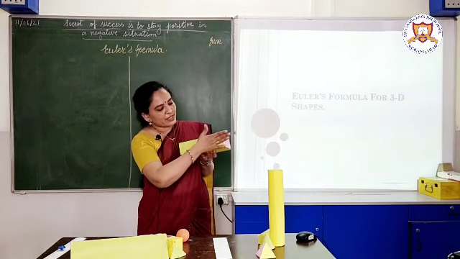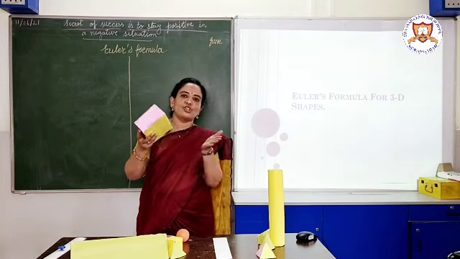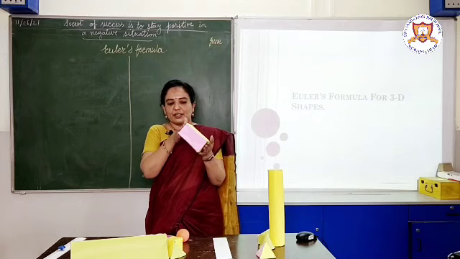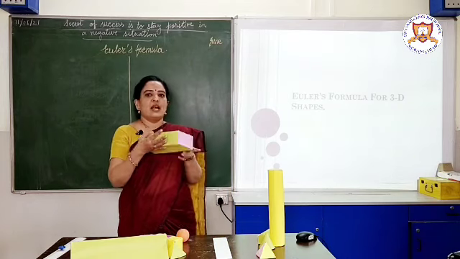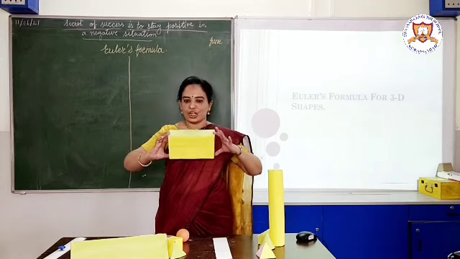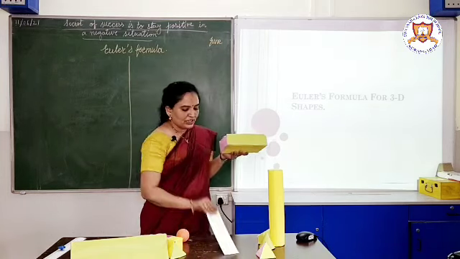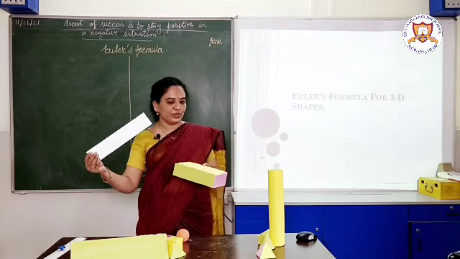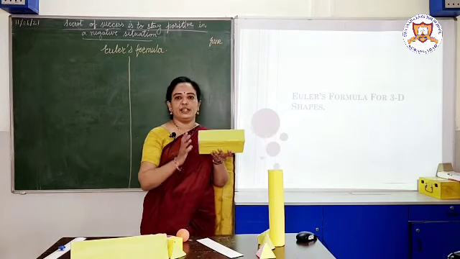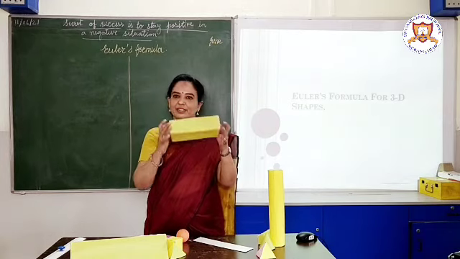See here, this is a rectangle, this is a rectangle, this is a rectangle. We are joining so many rectangles with each other and we are making a box, or a shape, by using the heights. So this is flat, so it is 2D, and this is 3D. Understand? We are going to learn about this 3D.